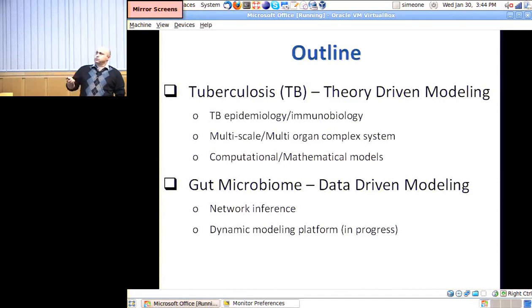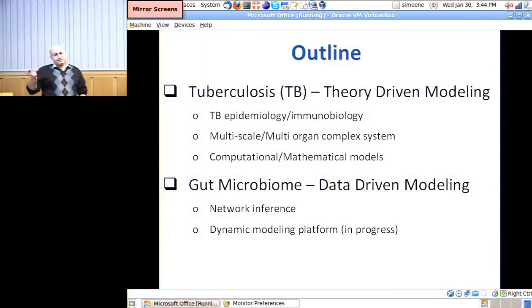I will walk you through some of these facts and how we approach this complex system with computational and mathematical models. The last part of the talk is about new exciting work that I'm doing with Pat Schloss in microbiology and immunology. It's about the microbiome.